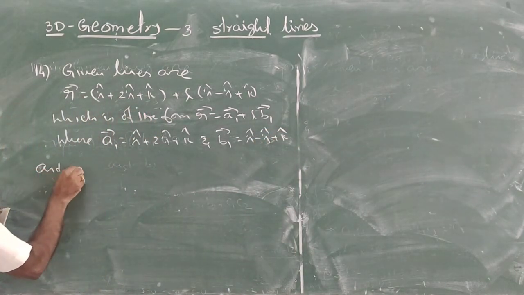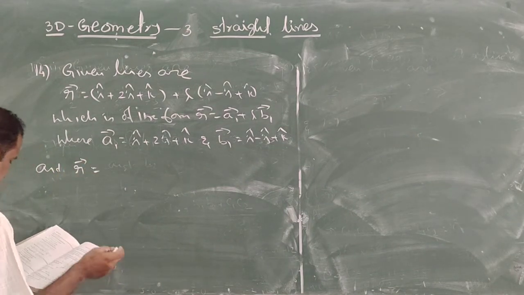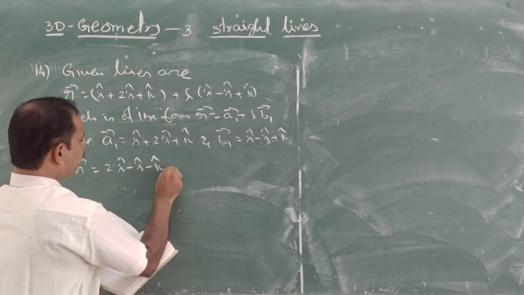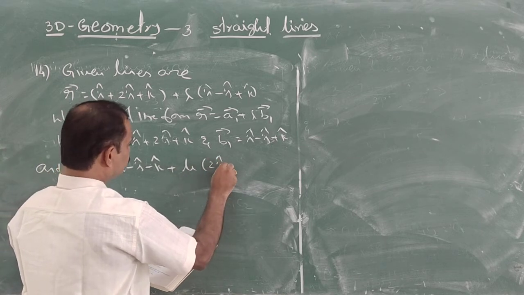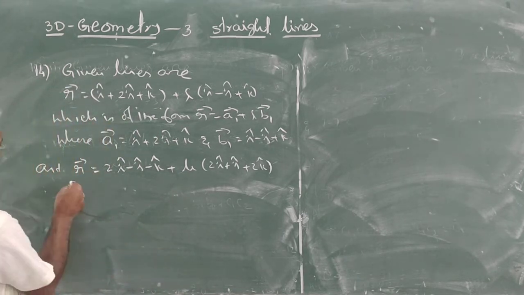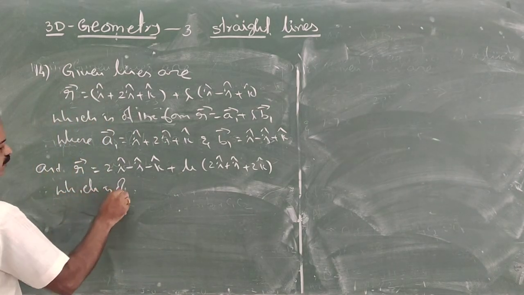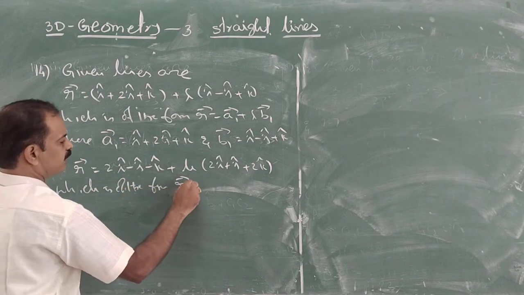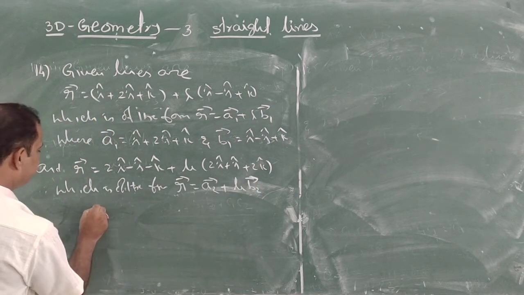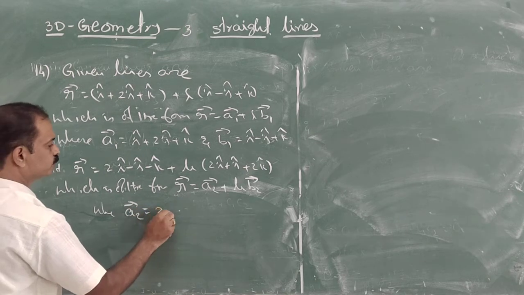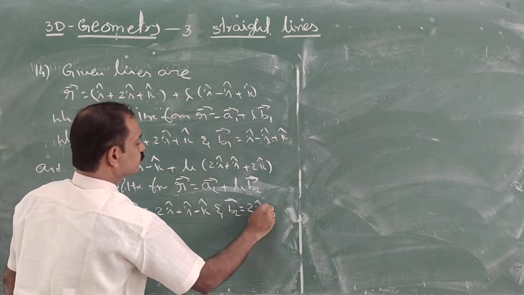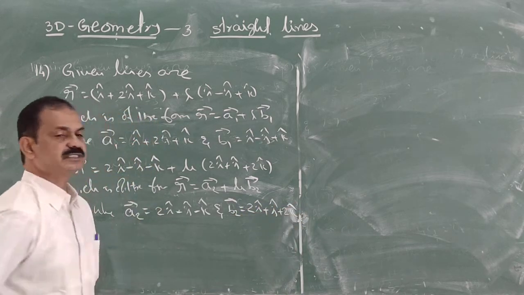Next, another line r is equals to 2i minus j minus k plus mu into 2i plus j plus 2k, which is of the form r is equals to a2 plus mu into b2, where a2 is equals to 2i minus j minus k and b2 is equals to 2i plus j plus 2k.